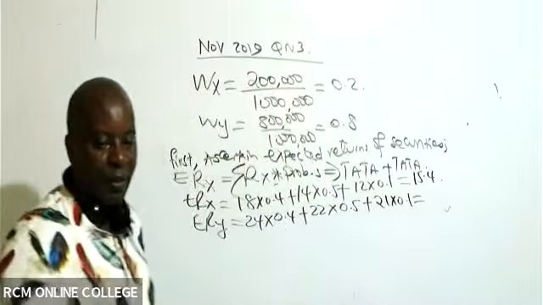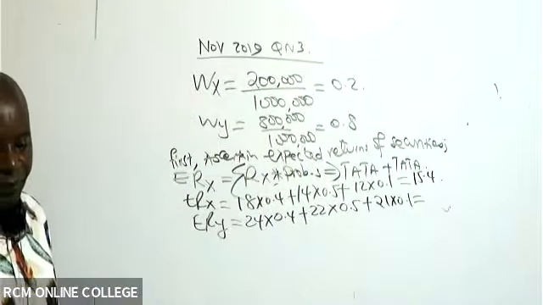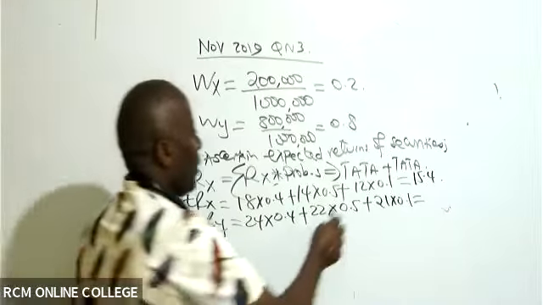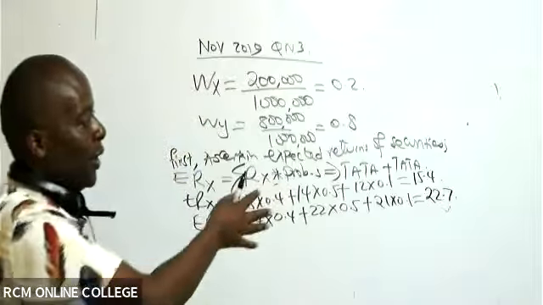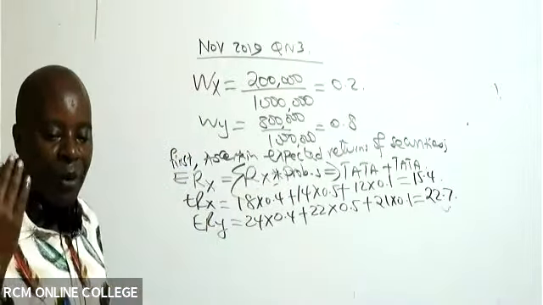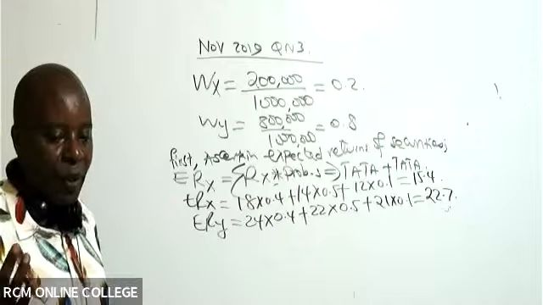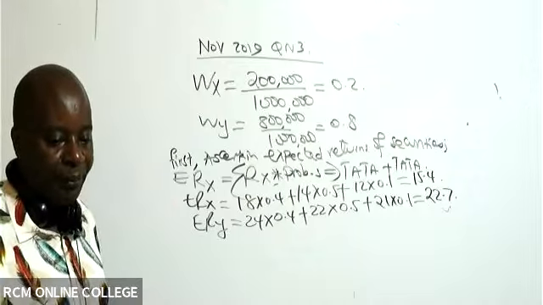What are we getting, ladies and gentlemen, here? 22.7. So up to here, of course, those figures are percentages. Have you guys been able to follow up to here?